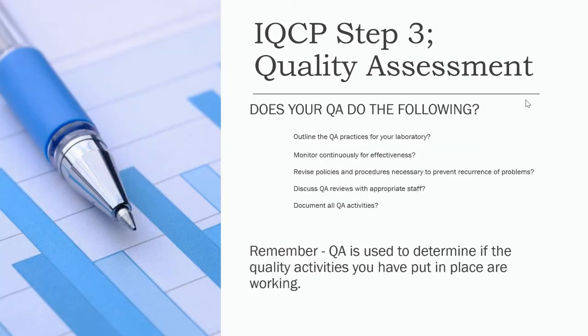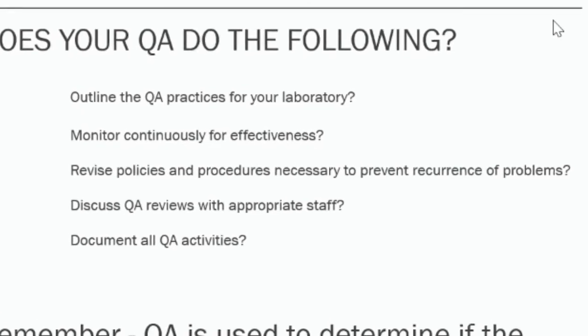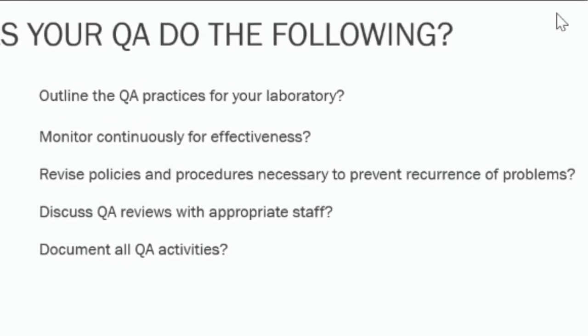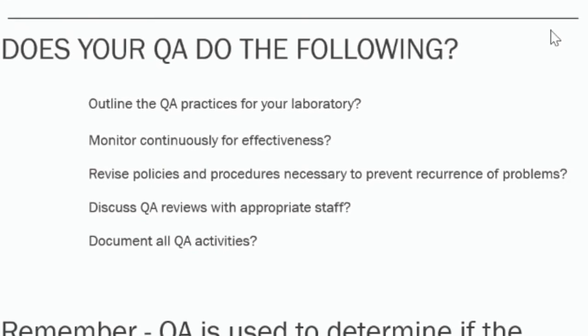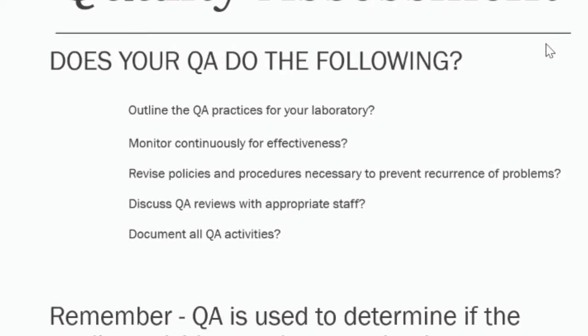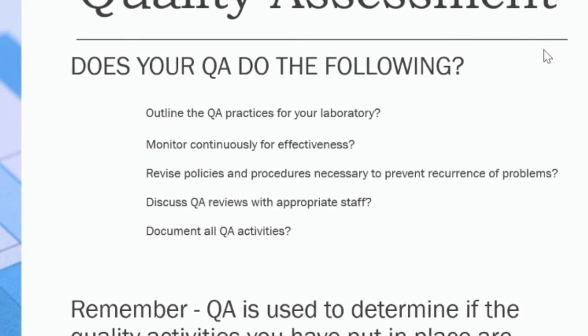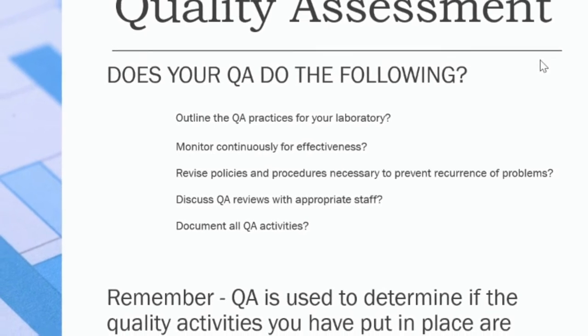To ensure that your quality assessment will comprehensively monitor your IQCP, ask yourself if your quality assessment can do the following. Outline the QA practices for your laboratory. Monitor continuously for effectiveness. Revise policies and procedures as necessary to prevent recurrence of problems. Discuss QA reviews with appropriate staff.